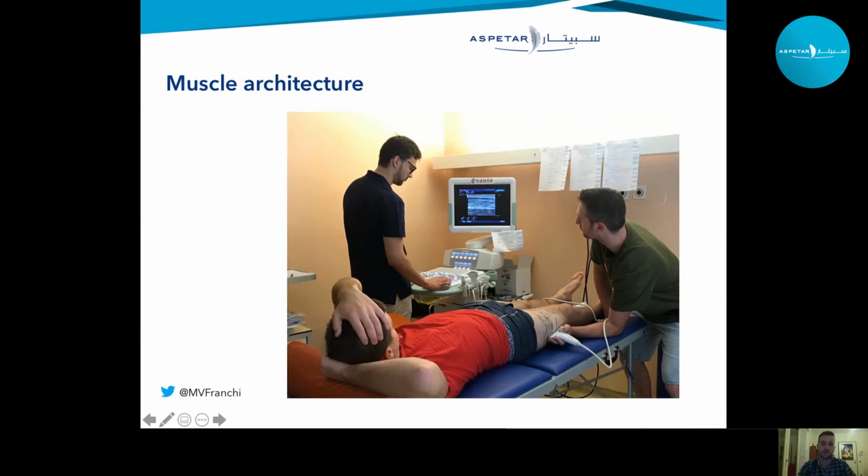You see that my hand is holding the transducer not completely perpendicular to the muscle and not completely aligned to the longitudinal axis, but aligned to the fascicle plane, which we say has a pennation. And so I'm able to see, of course, you probably don't see it here, but you'll see it in the next picture, fascicles, and I see the aponeuroses that are quite parallel to each other.